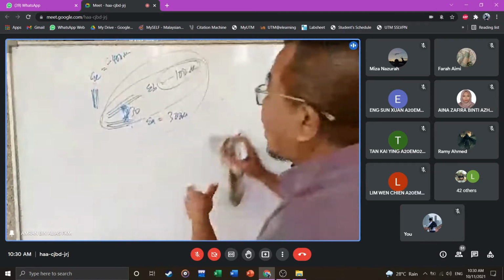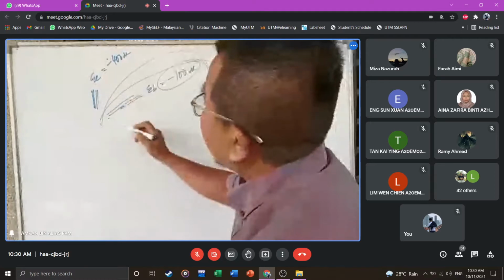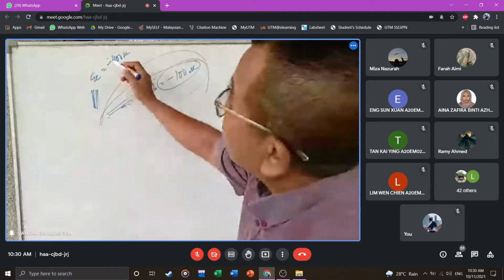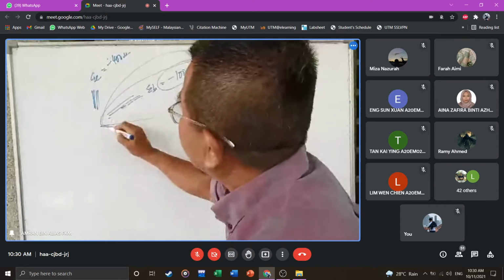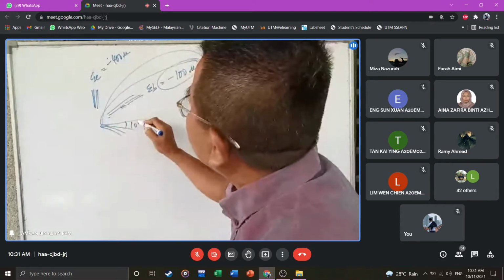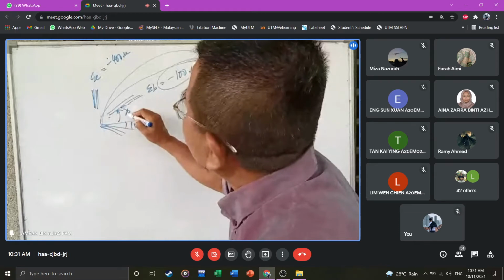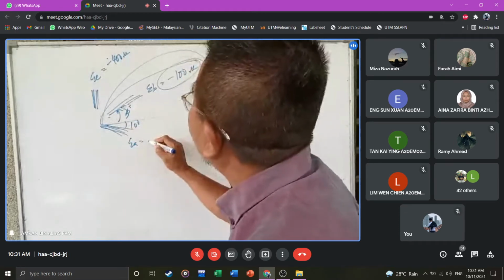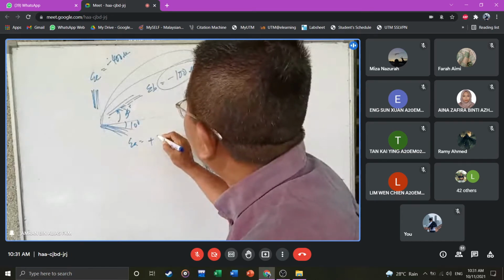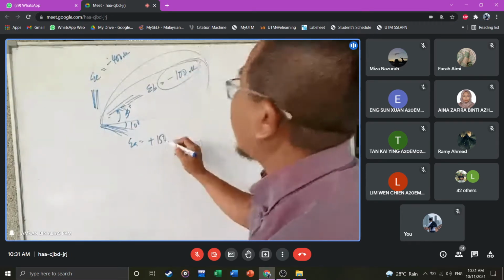What about this one? I don't have any EX. Here the angle is minus 10 degrees, and 30 degrees, and my EA there is equal to positive 150.